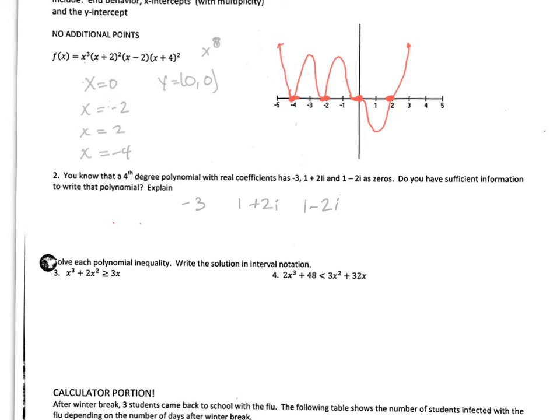But the imaginary, we already have both of them. So we do not have enough information to write the polynomial. Both complex roots were already given. But if one was missing, you could come up with its conjugate and be able to come up with that missing root.